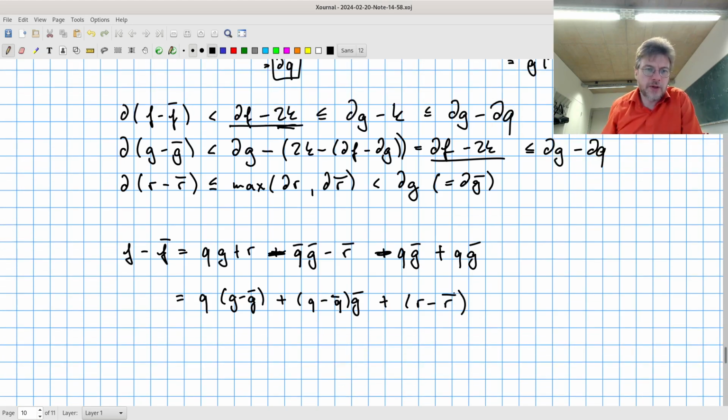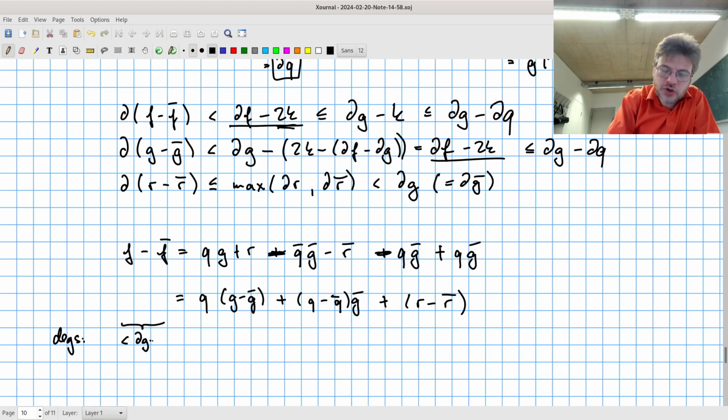Now let's look at the degrees. We still have the degrees here, so we can estimate them. The degree here is less than the degree of g minus the degree of q. And that's certainly at most the degree of g. So that's all that we need here.